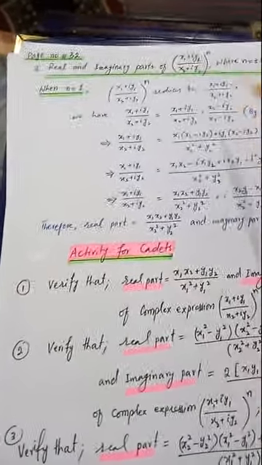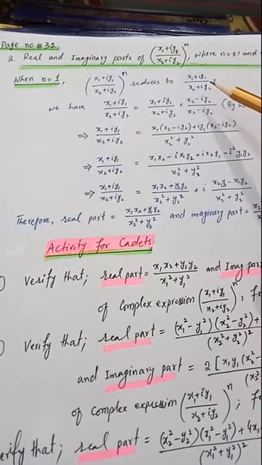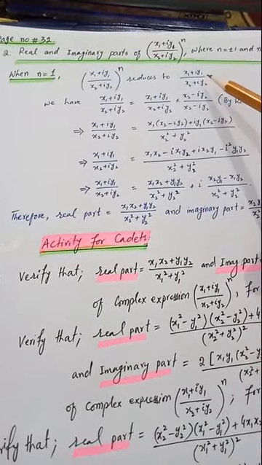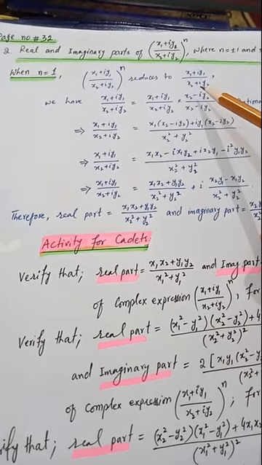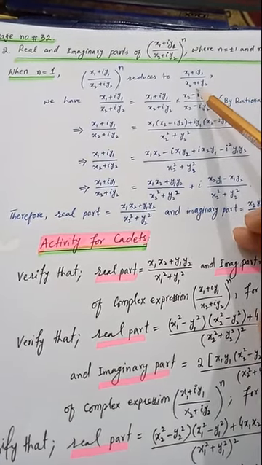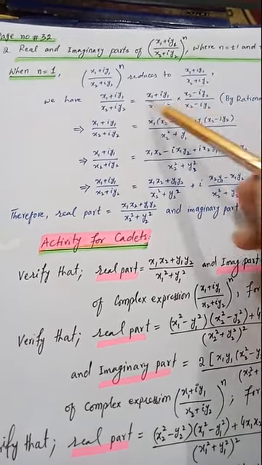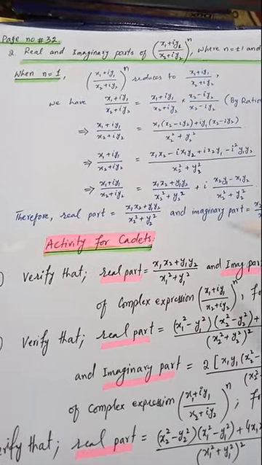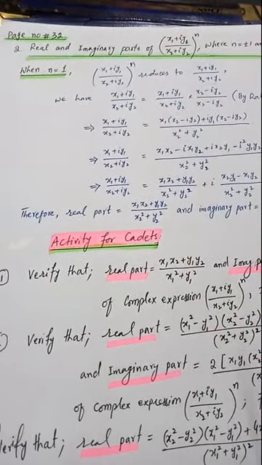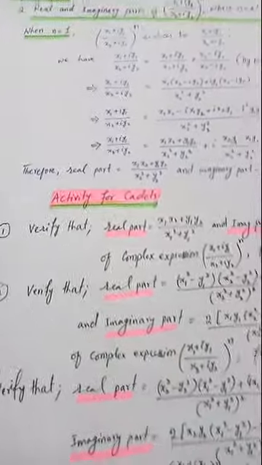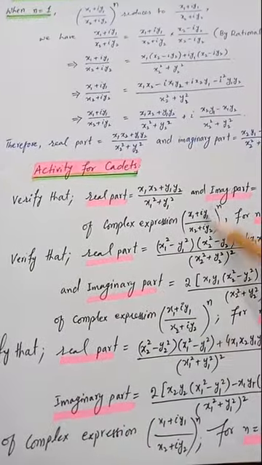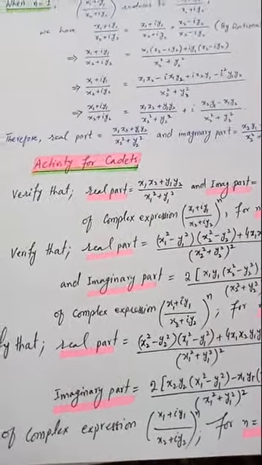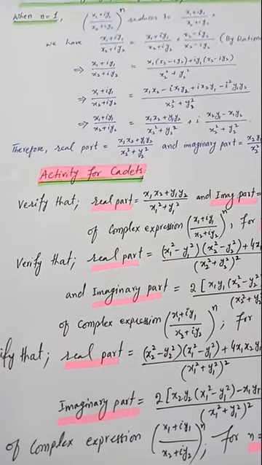This is actually the division of two complex numbers, and whenever we perform the division you need to do the process of rationalization. So take the conjugate of the denominator, multiply and divide that conjugate with the quotient form, and just simplify. You will get the real and imaginary parts. The remaining parts you can see from the book also. So this is the idea of how we can find the real and imaginary parts of such types of questions.